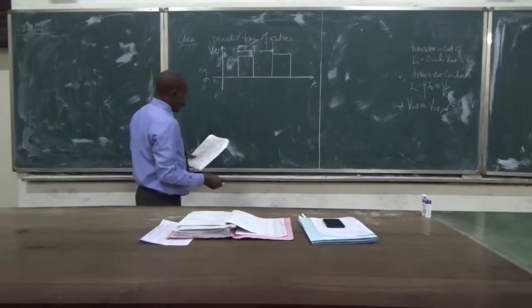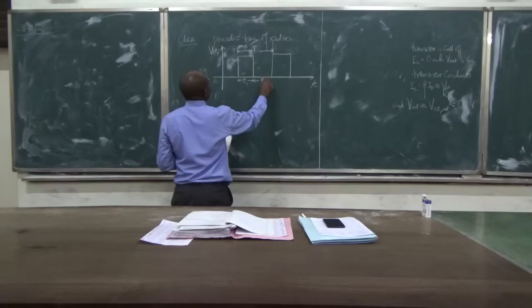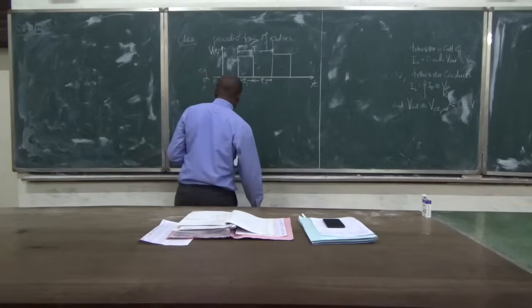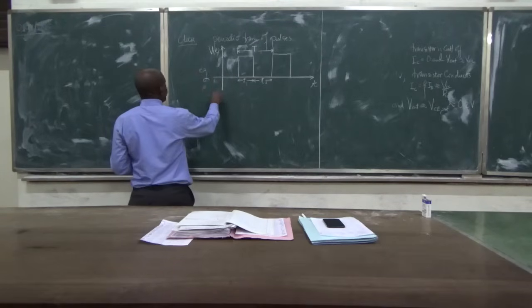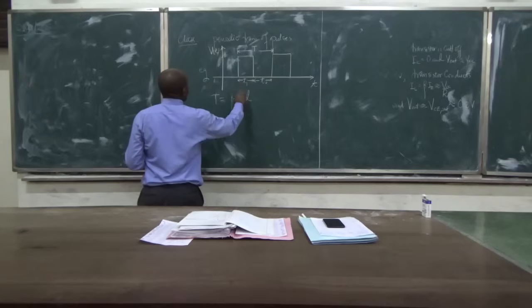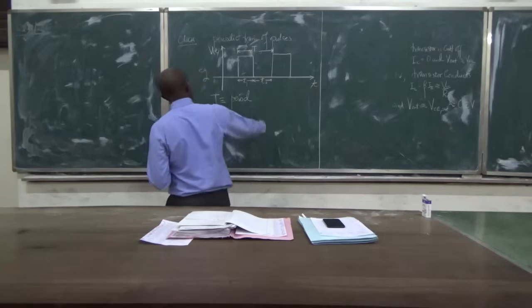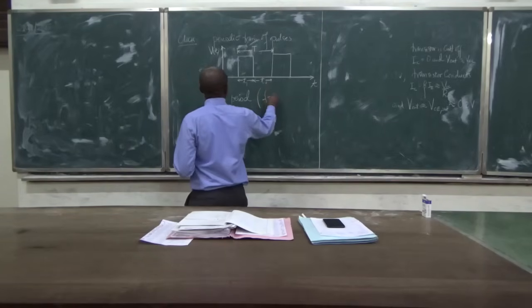And then this is T1. Then this is T2. T is the period. And then frequency is equal to 1 over period.